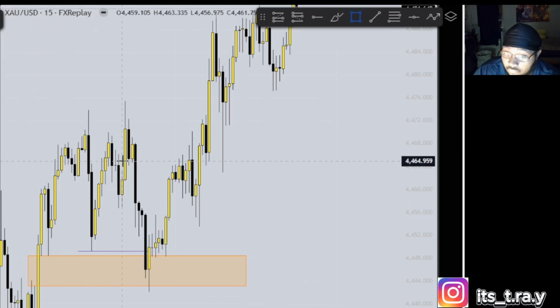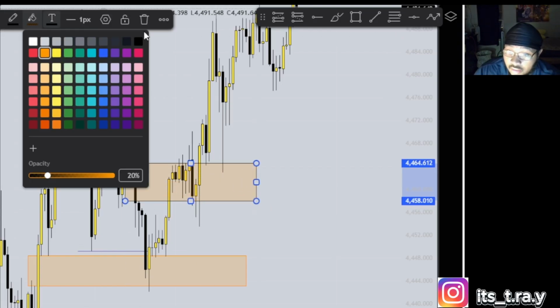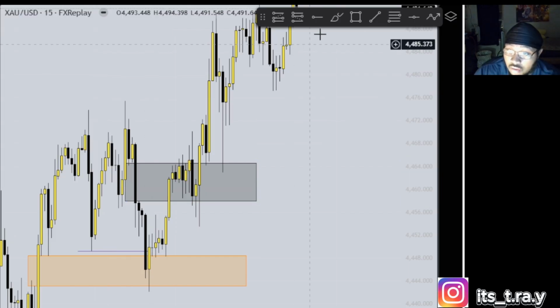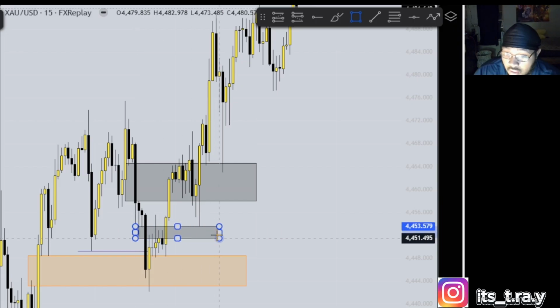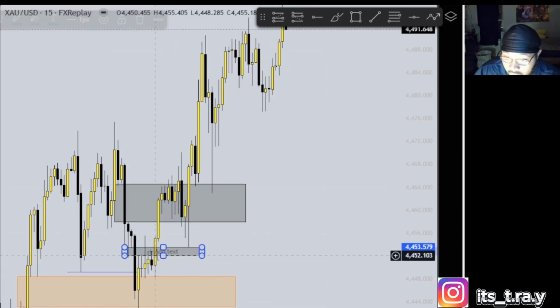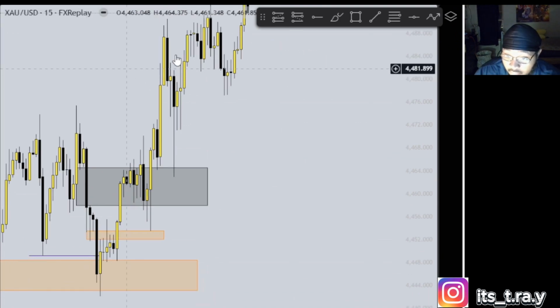At the time that I would be looking at it, this would be gray. Okay, we're good. That would be gray. This would also be gray at the time. Now I'm going to be patient. This gets inversed, and now it is a bullish inverse fair value gap.